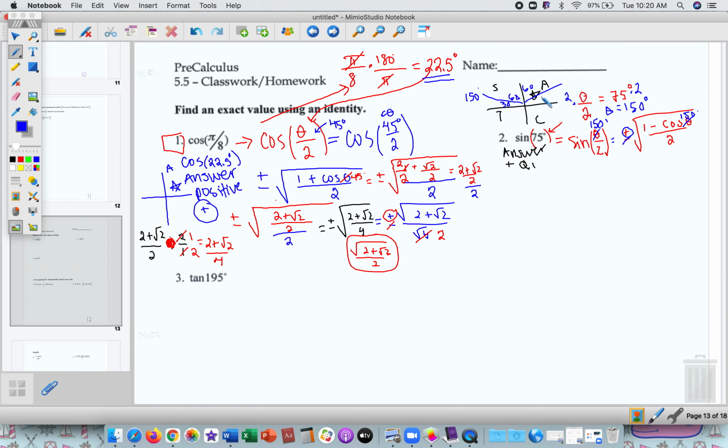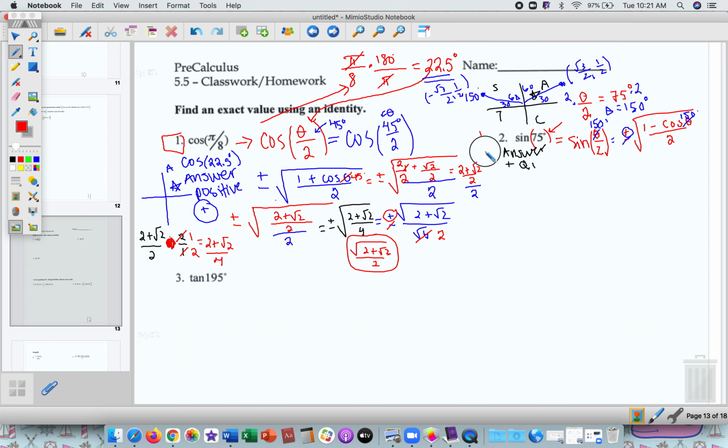So this is 60, this is 30. So it's a reflection of 30 degrees. So if at 30 degrees we have root 3 over 2, comma 1/2, over here we would have negative root 3 over 2, positive 1/2. So the cosine at 150 is negative root 3 over 2.